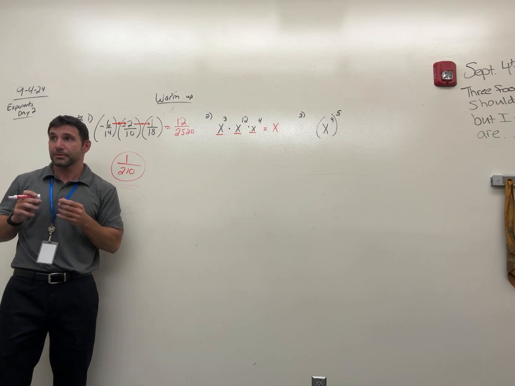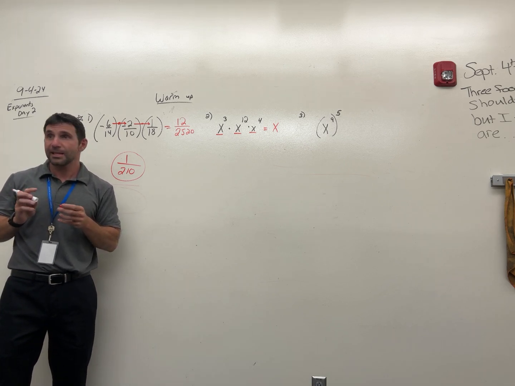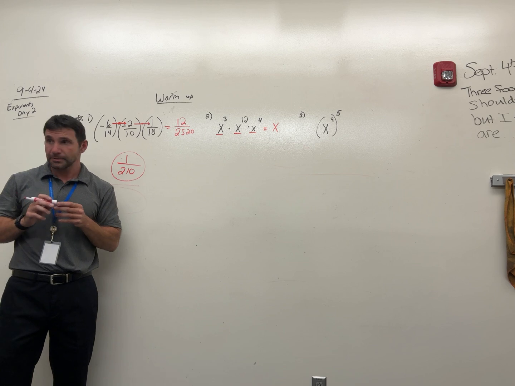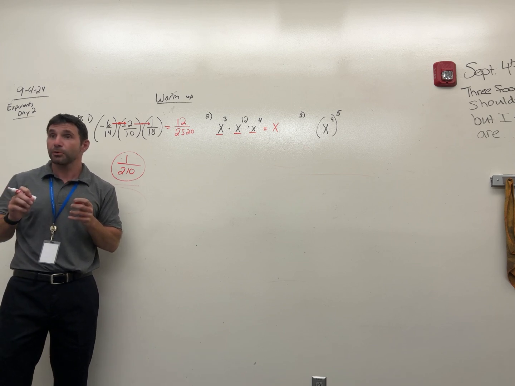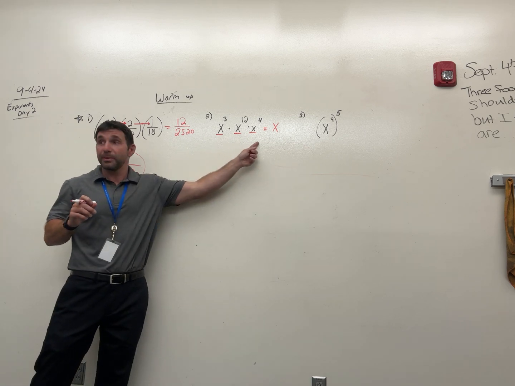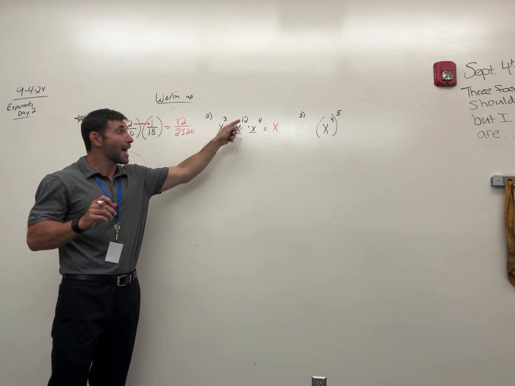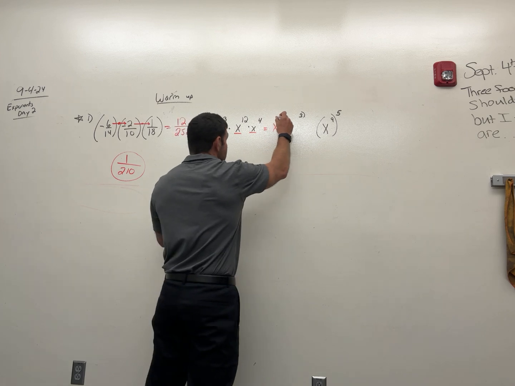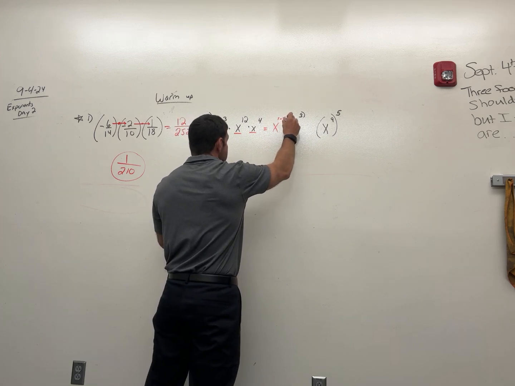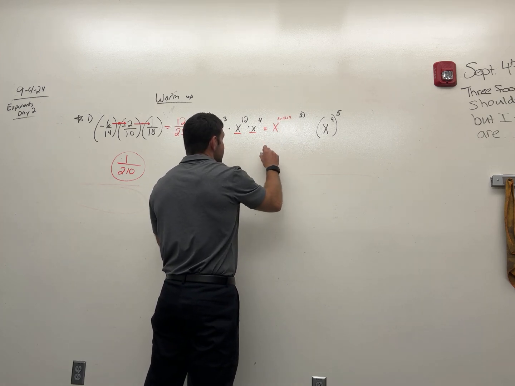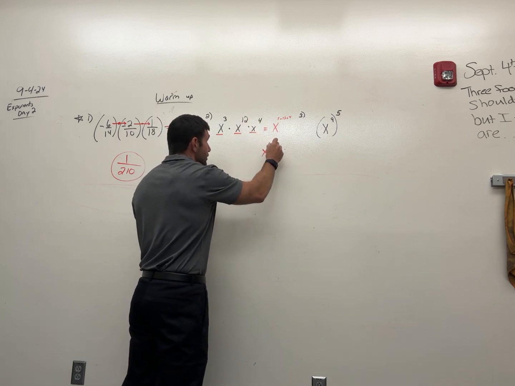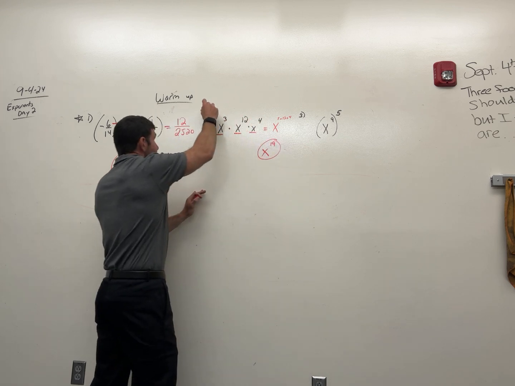We did this yesterday. What's the product property? We keep the base and we add the exponents. So that gives me x to the 15 plus 4 is 19.